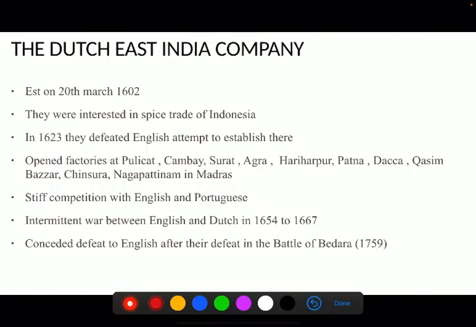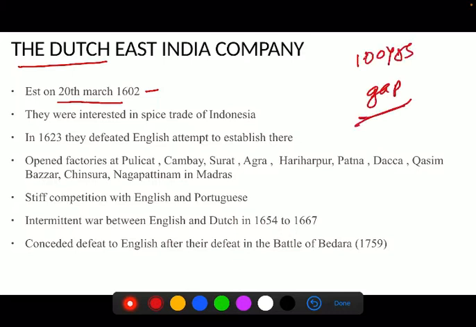Next European power which came to India is the Dutch East India Company. So you can see they were established on 20th March 1602. So around a 100 years gap. Okay. So what was the reason the Dutch did not come here?